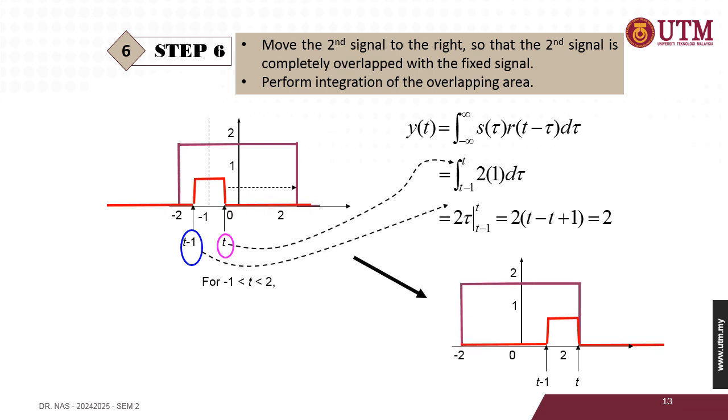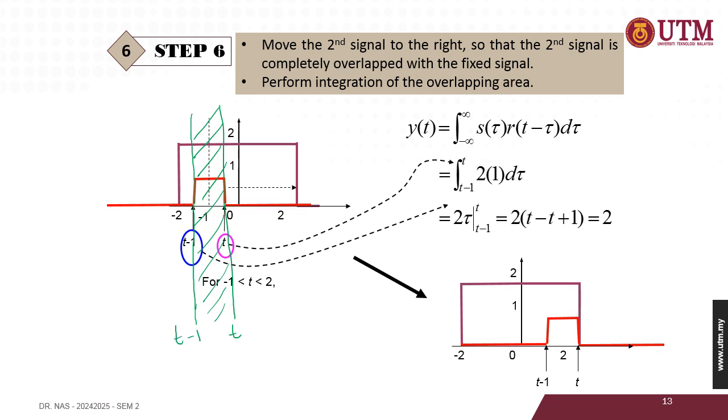Earlier the signals just partly overlapped, but in this step the second signal completely overlaps with the fixed signal. This is the area in which the two signals overlap, from t minus 1 to t.